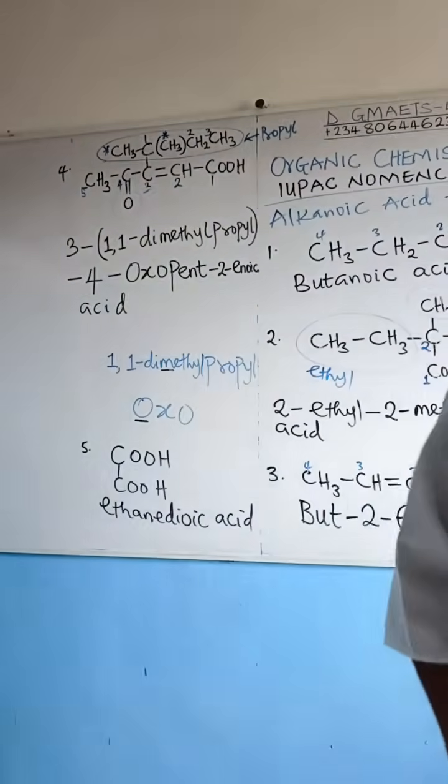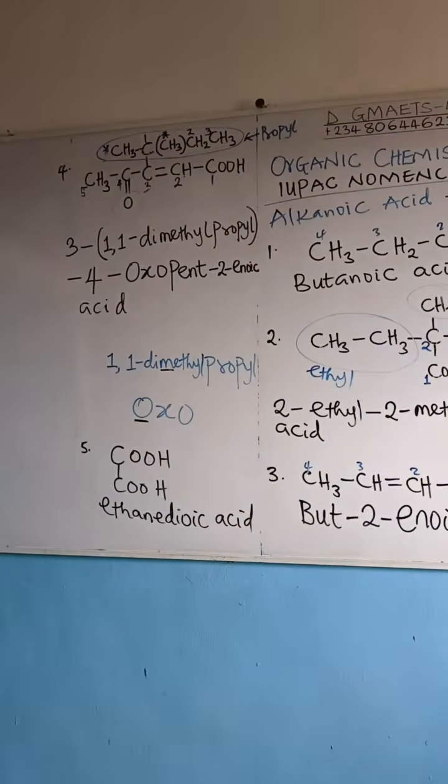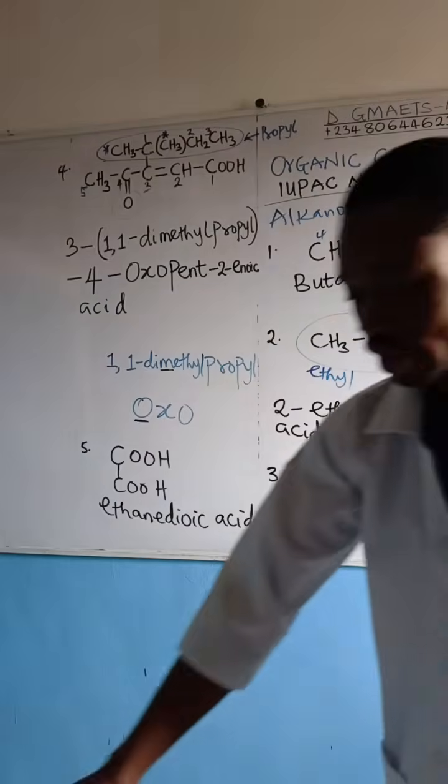Copy it out. You can screenshot in order to be fast, so that I would wipe the board and then we move on to the next homologue, which is a derivative of alkanoic acid.